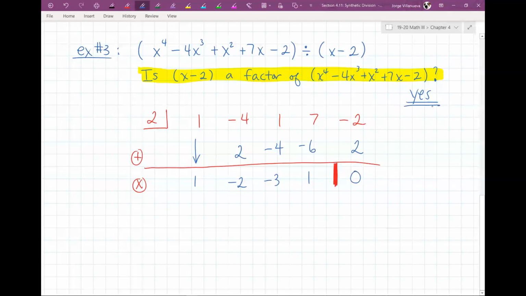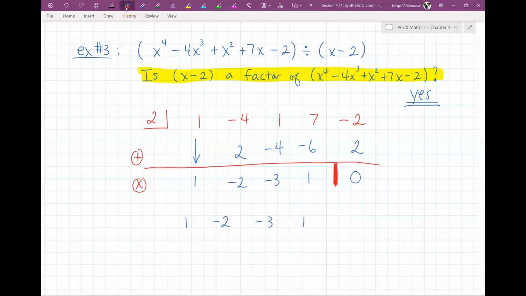It is a factor of that, okay? That means that 2 is a solution, okay? So the number 2 that we put in the half box is a solution to this. All right, so if they ask you like solve, choose an answer. Now, just to write it down, I have a 1, a -2, a -3, and a 1 with the remainder of 0, so I don't have to put anything on the side here.